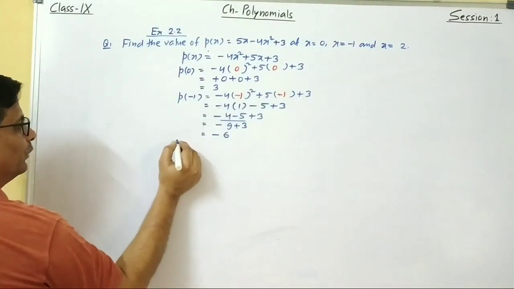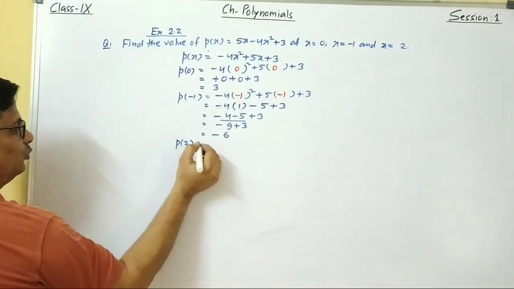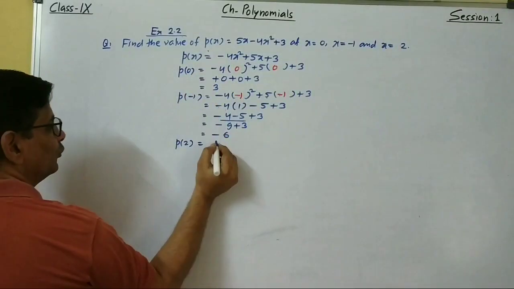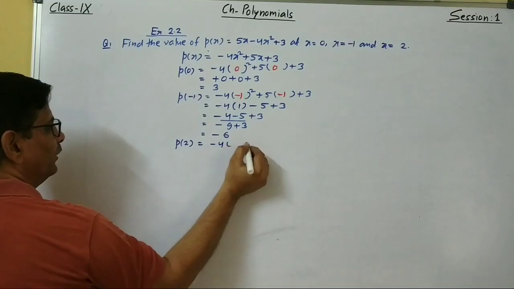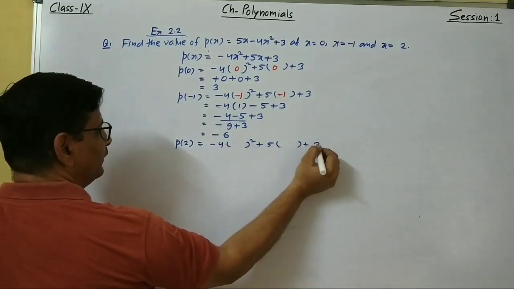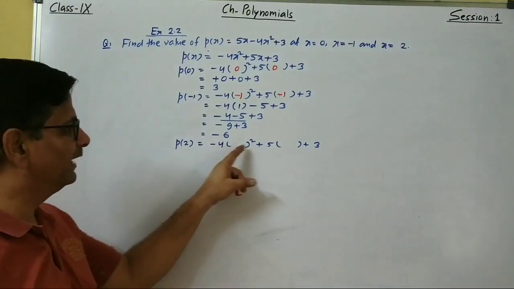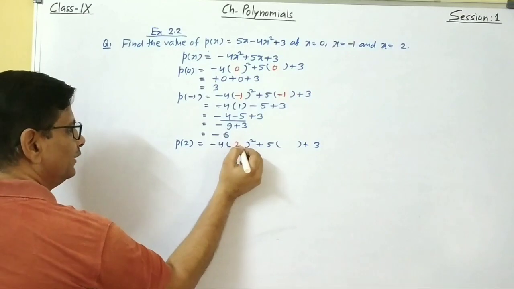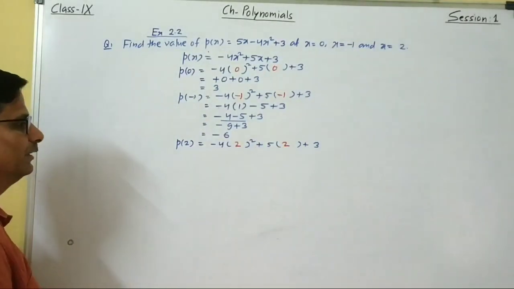Now we want to find out the value of p(2). So जहां भी x है वहां पे मुझे क्या लिखना है, 2 लिखना है. So I write minus 4x square plus 5x plus 3. तो पहले आप ब्लैंक ब्रैकेट लगाएंगे और बाद में वो वैल्यू वहां पर पुट कर देंगे. तो यहाँ पे 2 लिखना है और यहाँ पर भी 2 लिखना है.